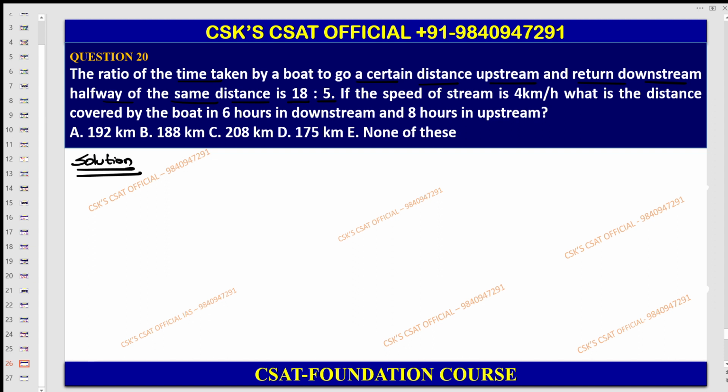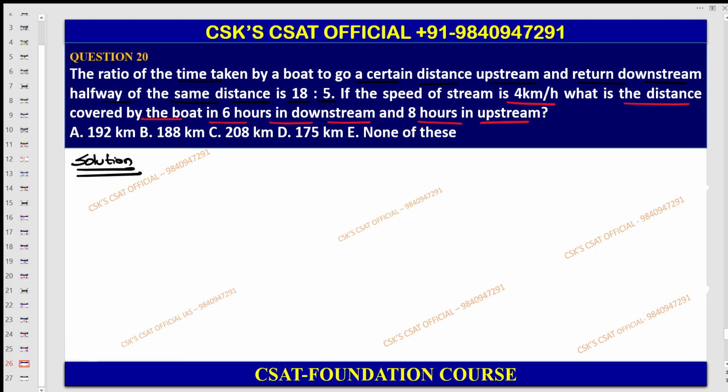Upstream means against the river. The speed of the stream here is 4 km/h. What is the distance covered by the boat in 6 hours in downstream and 8 hours in upstream?